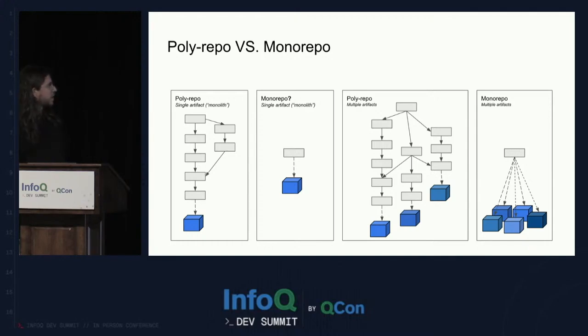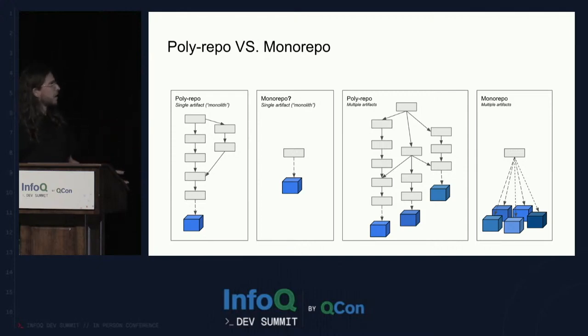The first example here, you have a bunch of repos that have a very clearly defined dependency relationship, and they all together work to produce a single artifact, right? And this is, I think, very common, where people have multiple repos to build a monolith, and no mystery there.